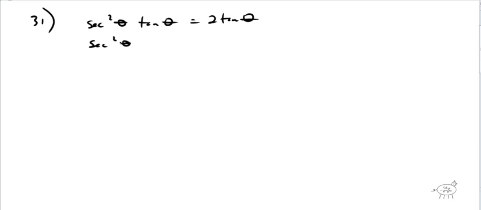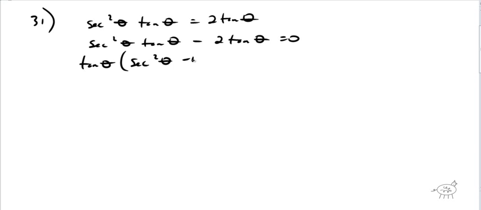So I get secant squared of theta, tangent of theta minus 2 tangent of theta equals 0. And I factor tangent of theta out, and it's minus 2 equals 0. Okay, so tangent of theta equals 0. Secant squared of theta equals 2.